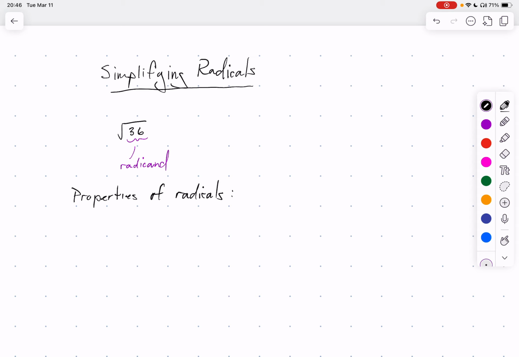some properties of radicals are, first, that if you take the square root of a product, so let's do A times B, that is just equal to the product of each of those square roots. Okay, so we can split that product by taking the square root of each of those things.